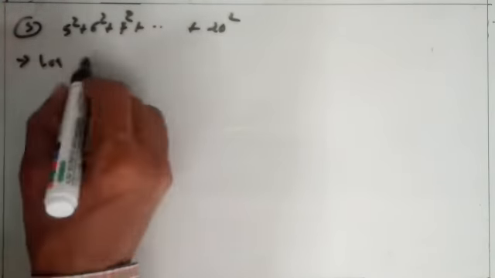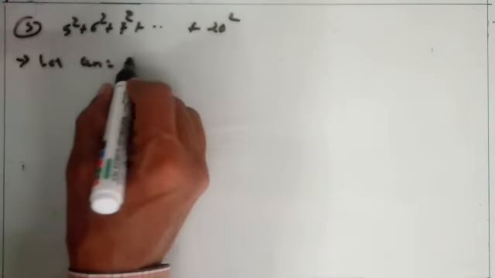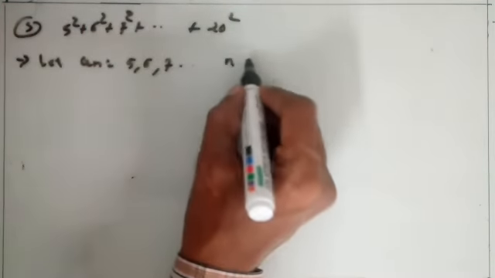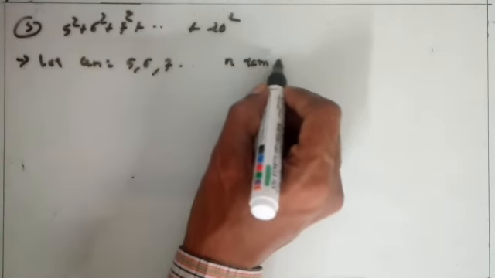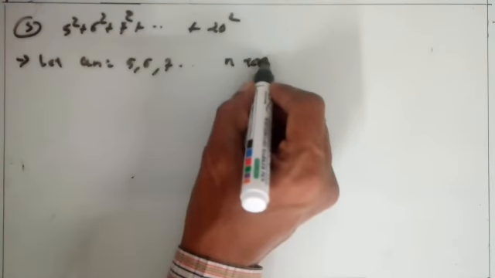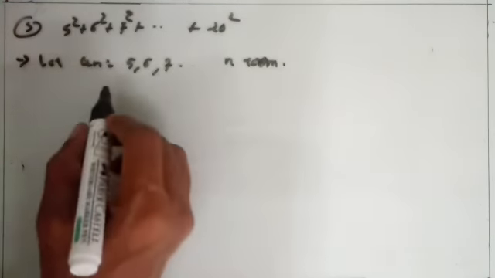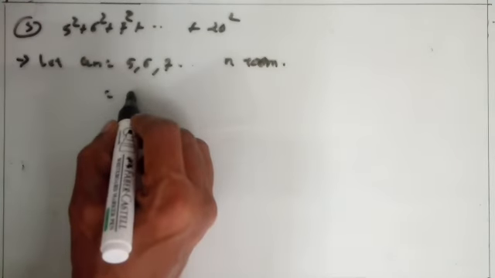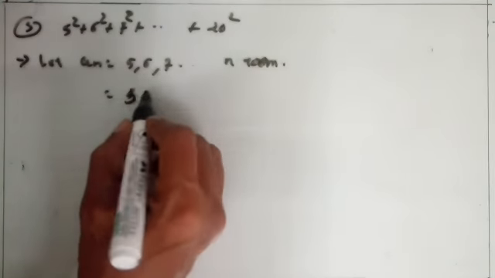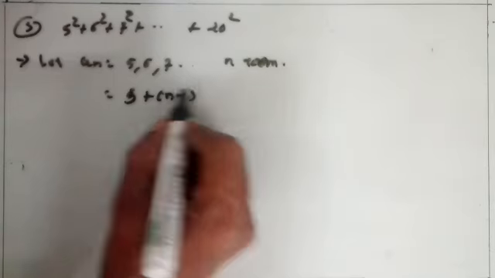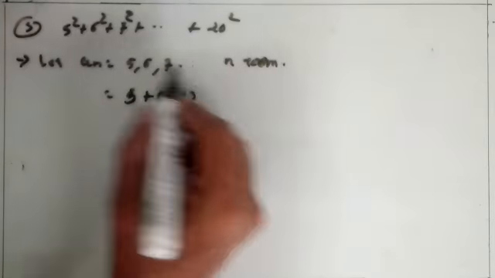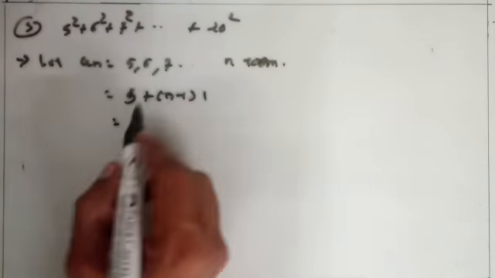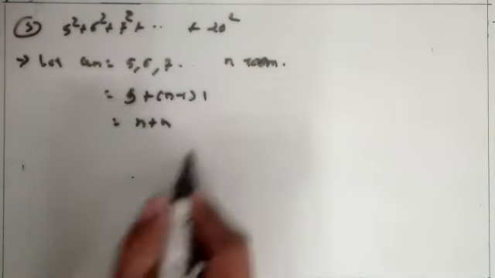Let the sequence be 5, 6, 7 up to n terms. So the n-th term of this is equal to, here the first term a is 5 plus (n minus 1) into the common difference, which is 6 minus 5, that is 1. So it is equal to n minus 1 plus 5, which becomes n plus 4.